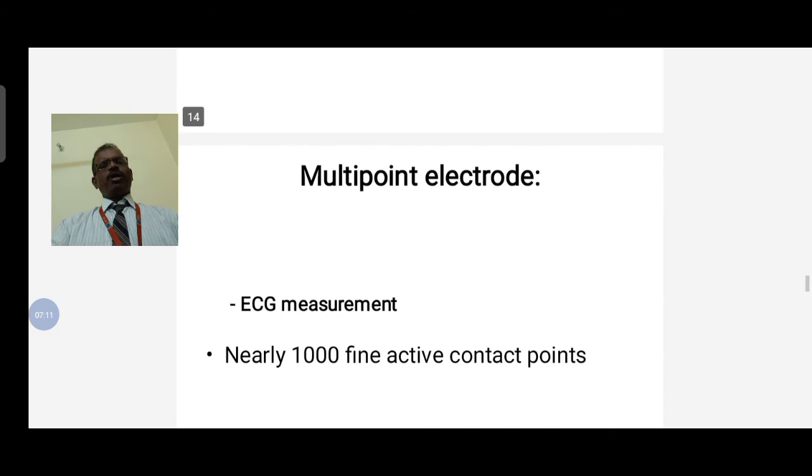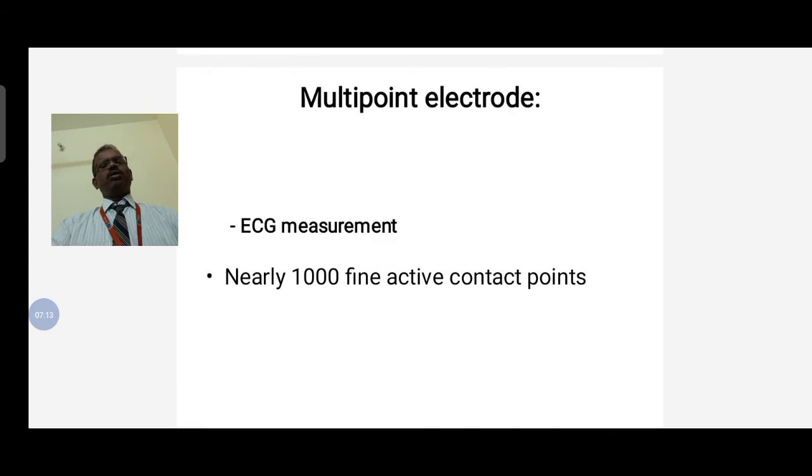Next are the multi-point electrodes. Multi-point means two contacts are available. This electrode with multi-point contacts can be used for ECG measurement. Nearly 1,000 fine active contact points are available.